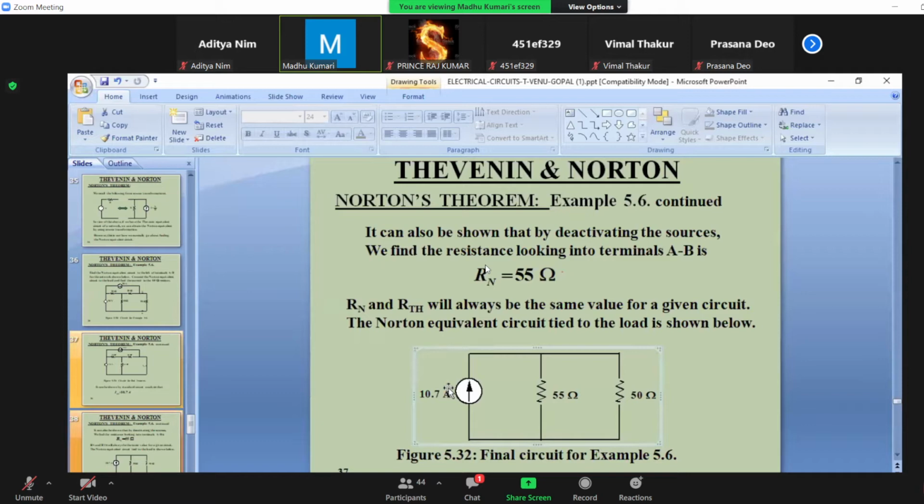Any problem in these two theorems, Thevenin's and Norton's? Anyone ask? Your assignment is from B.L. Theraja. I have forwarded the PDF of B.L. Theraja. Each and every problem of Thevenin and Norton's, you will solve it.